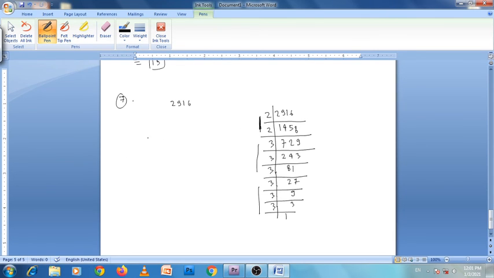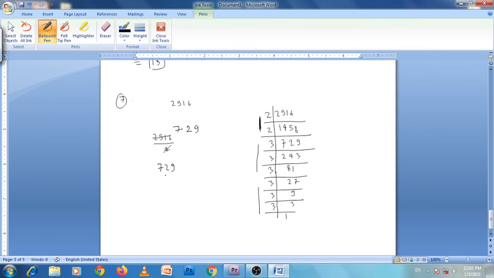So if we divide this number by 4, 2916 divided by 4, so divide it. 4 7s are 28, 1 carry, 28, 1 is left, 11, 4 2s are 8, and 4 9s are 36.